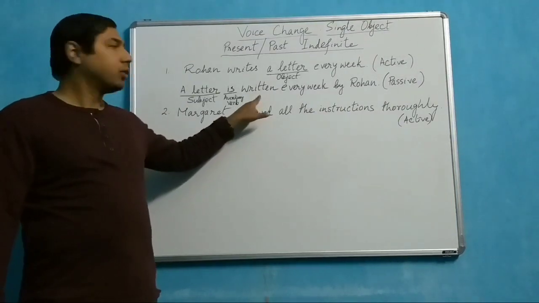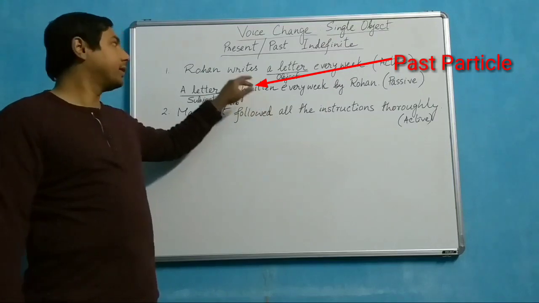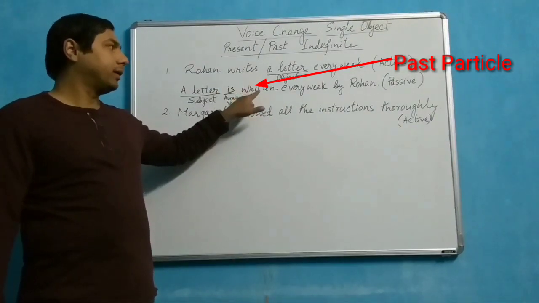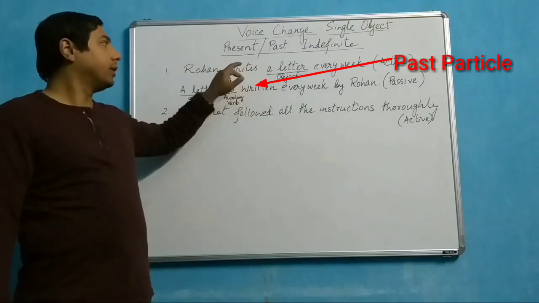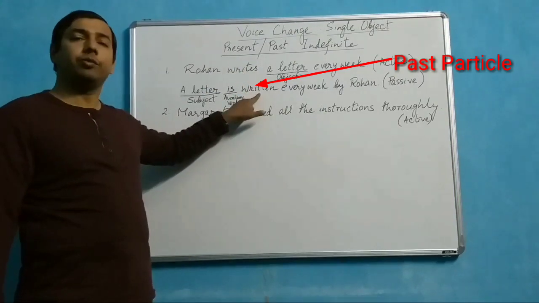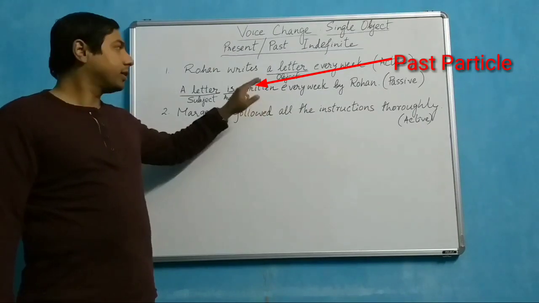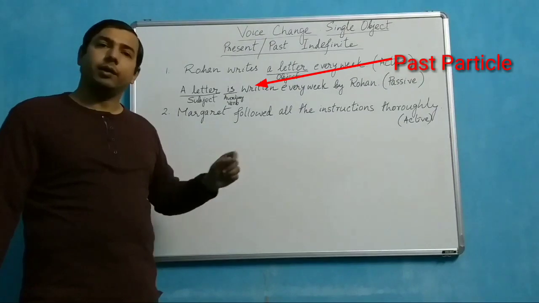Number 3, we have the past participle form of the finite verb, of the main verb that has been given in the active voice. So the active voice had write, and here in the passive voice we have made it written. So it is the past participle of the main verb given here.